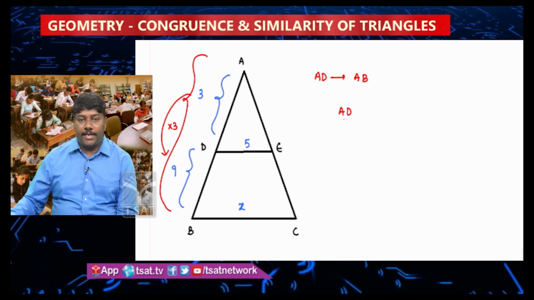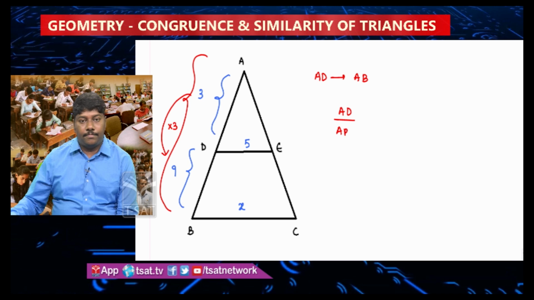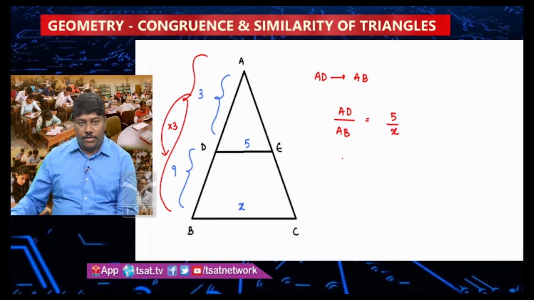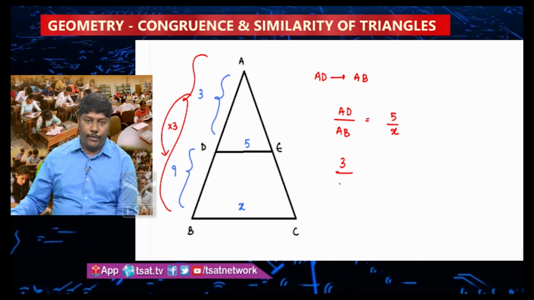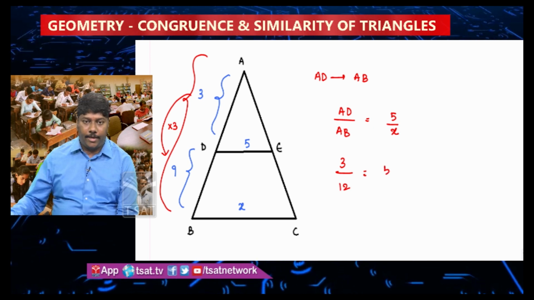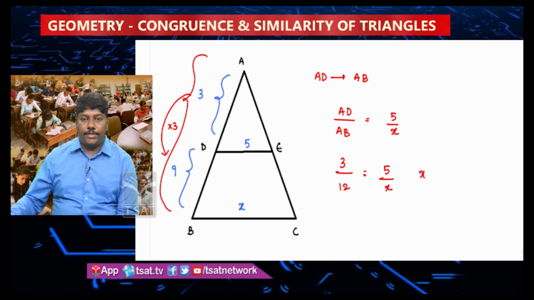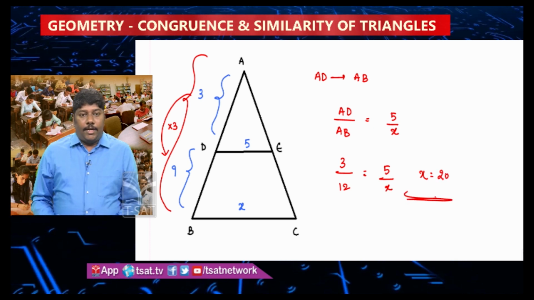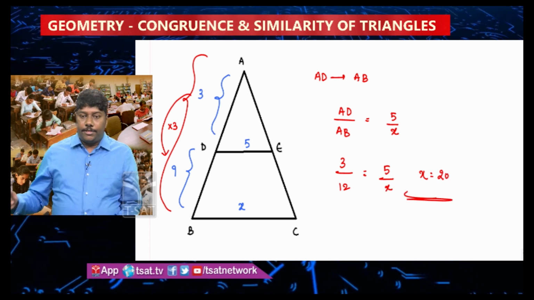So, the similarity says AD by AB is equal to 5 by x. So, 3 becomes 12, that is 4 times, therefore 5 becomes 20. x is equal to 20.